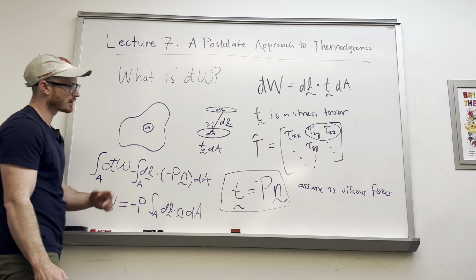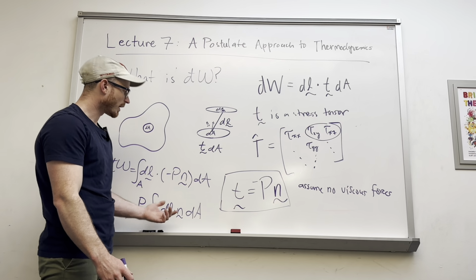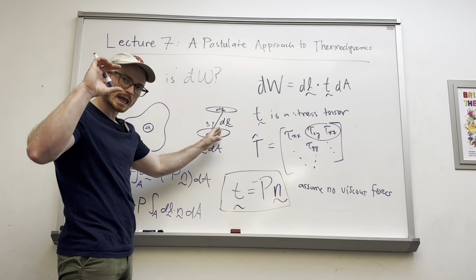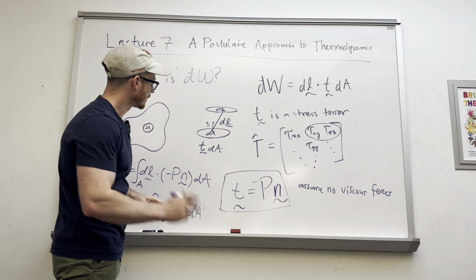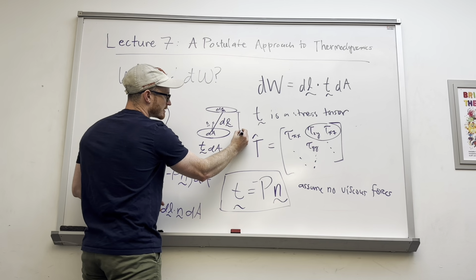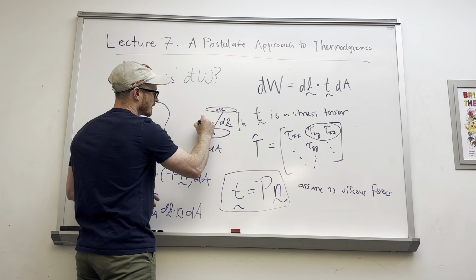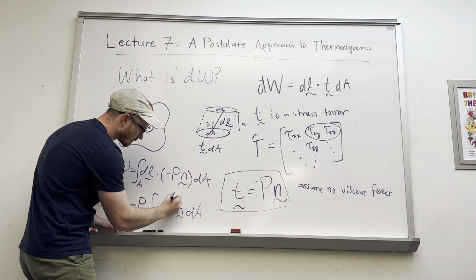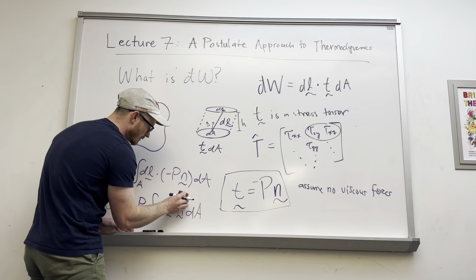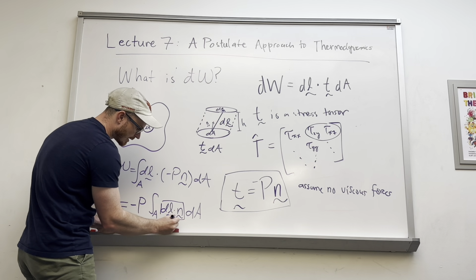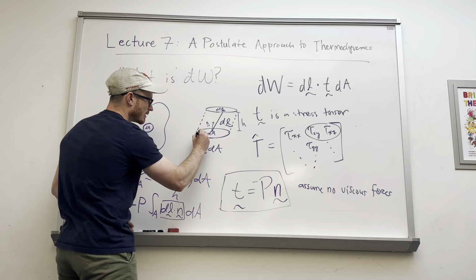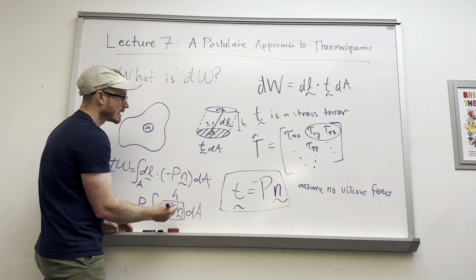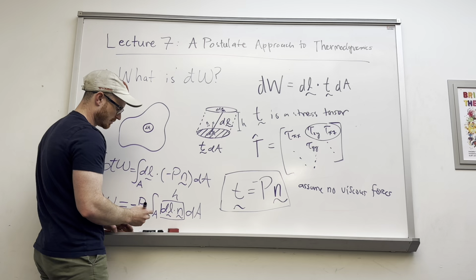Now the question is, what is dl dot n? dl dot n is essentially the length of dl in the n direction. That is just equal to the height of this cylinder that we've carved out. If we call this height h, and this is the dA here, then the product of the two is the volume of this cylinder.